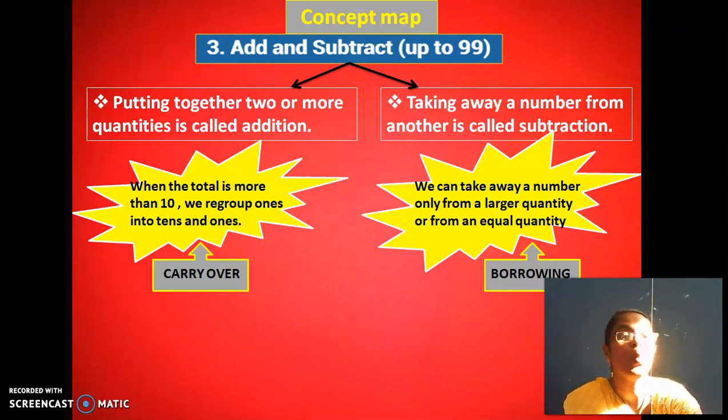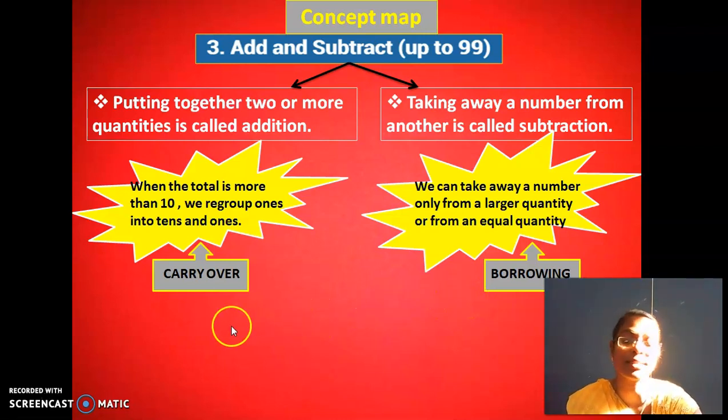So, we can take away a number only from a larger quantity or from an equal quantity. The term is known as borrowing. In the addition, we call it carry over. In subtraction, borrowing. So, we have learned few terms in addition and subtraction.